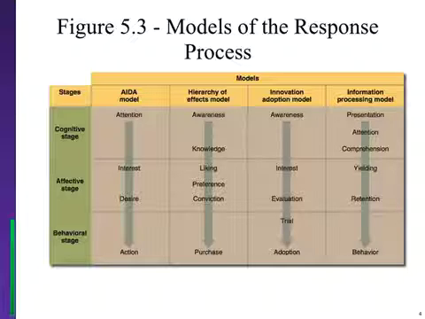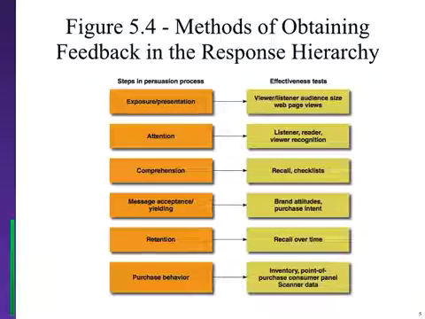They start with some sort of cognitive stage where we're trying to get the consumer to think a certain way about the product or to perceive it a certain way. And then it moves on to the affective stage where we want them to feel a certain way about the product. Hopefully they'll like it. And then ultimately, at the behavioral stage, we want them to act, to buy the product, to try the product, or in some other way act upon the message they initially received.